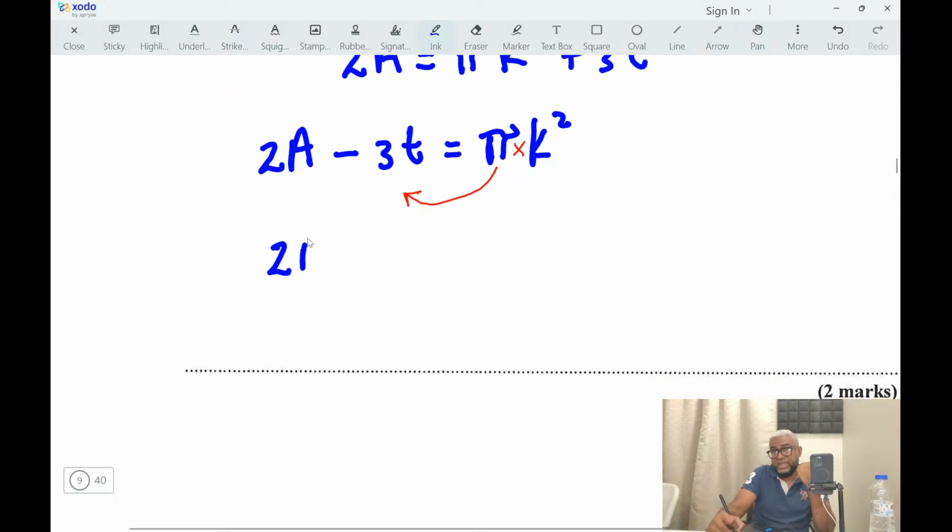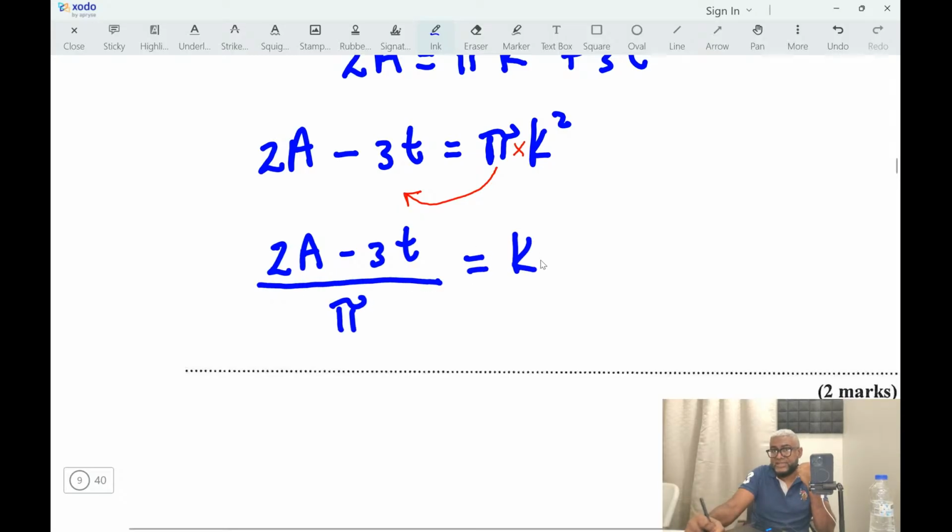So this will be 2a minus 3t all over pi is going to be equal to k squared, because k squared is still on the right-hand side by itself. The whole mission of changing the subject of the formula to a different variable is to get that variable on one side of the equal sign by itself.